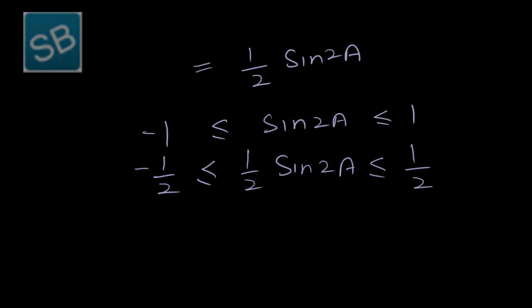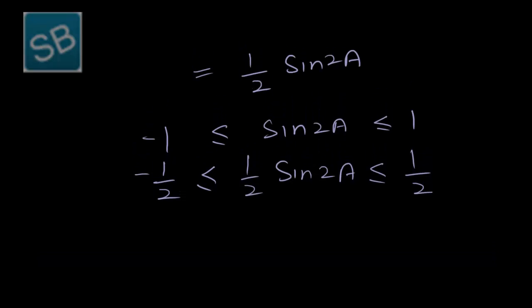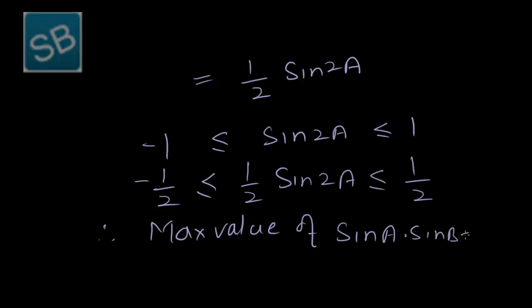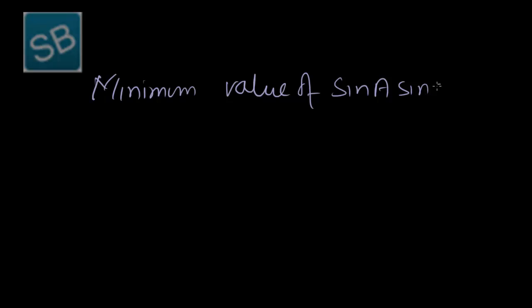Therefore, the maximum value of sin A into sin B is half, and the minimum value of sin A into sin B is -half.